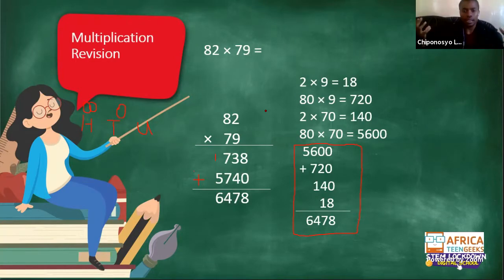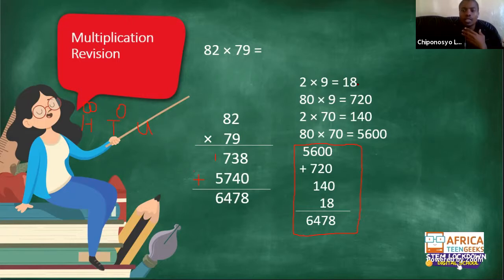So if I was to expand it, I'm saying 9 times 2 is 18. 9 times 80 is 720. Or a nice trick, very nice trick, but guys, be careful when you use the trick. I was going to say 9 times 8 is 72, then this 0, I just put it there at my answer. You understand?